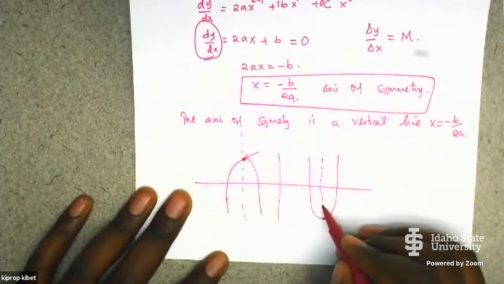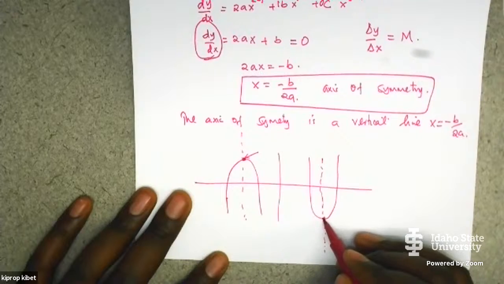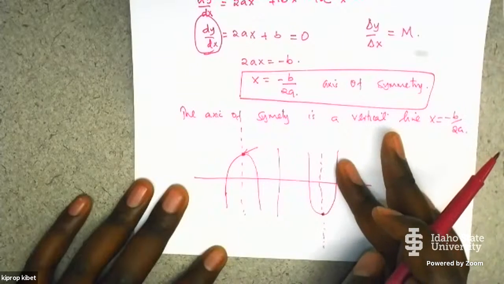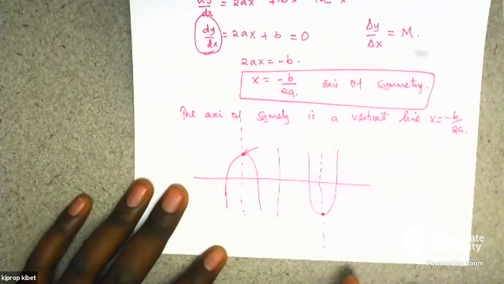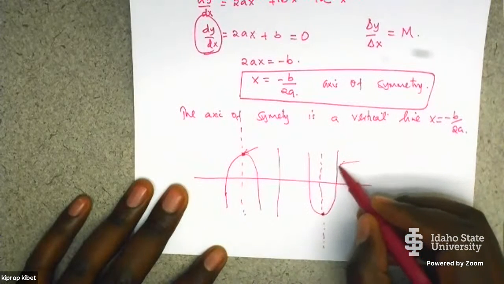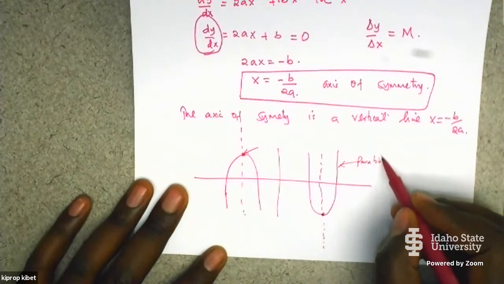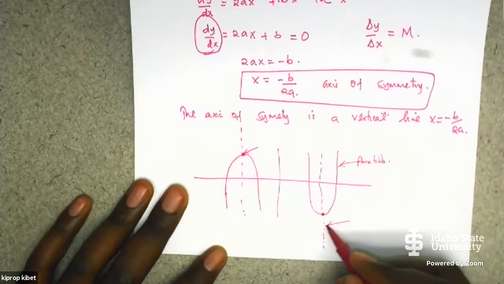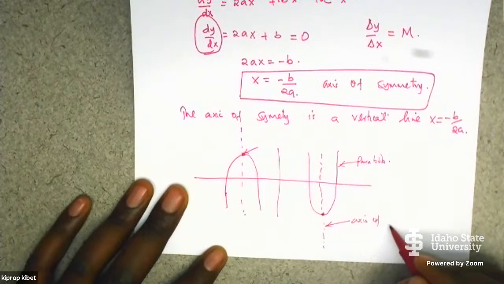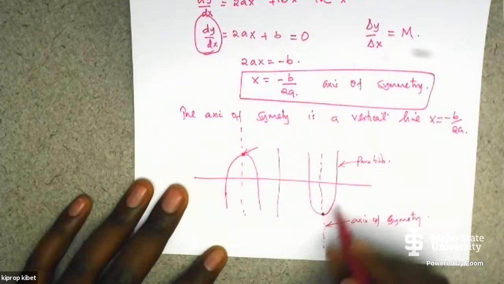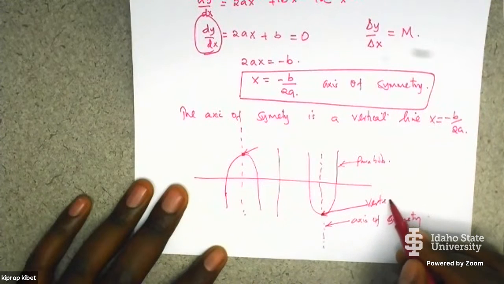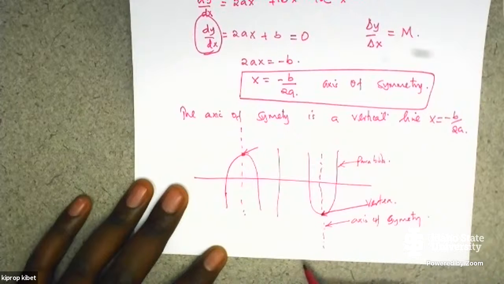So the line which passes through this point, where this side is similar to this side, subdivides this parabola here. So this is the parabola. This line which passes through the middle here is what we call the axis of symmetry. And the point that passes through that line here is what we call the vertex. So the point here is the vertex.